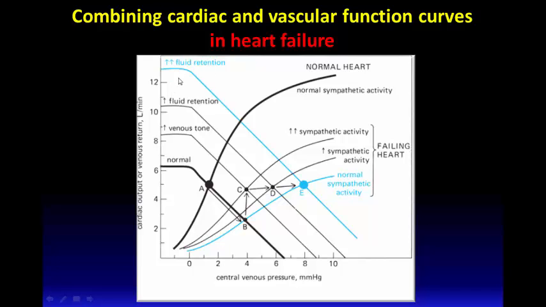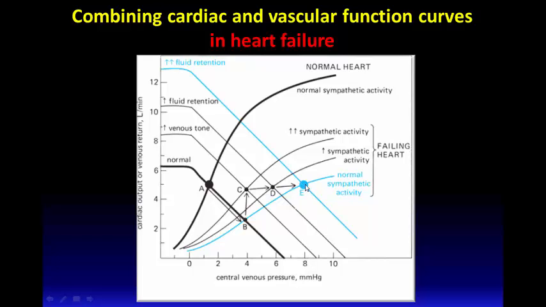With more fluid retention, the vascular function curve shifts more to the right, and here we have the new operating equilibrium point when there is more excessive fluid retention, and hence the equilibrium point now shifts from D to E, and at this new equilibrium point, again there are no increases in the cardiac output or the venous return, but the right atrial pressure has increased further.